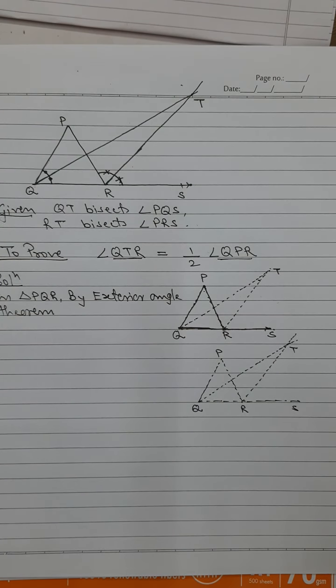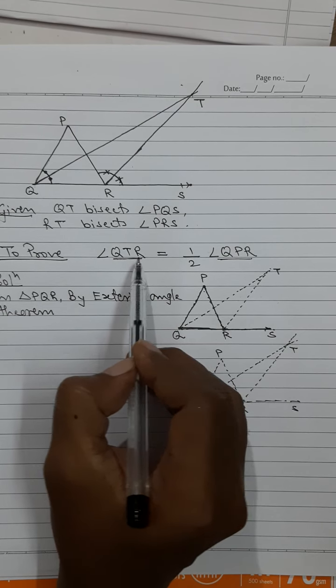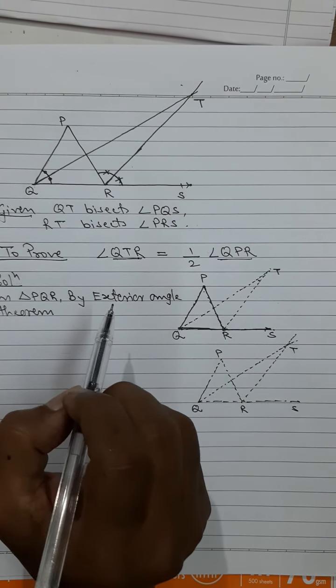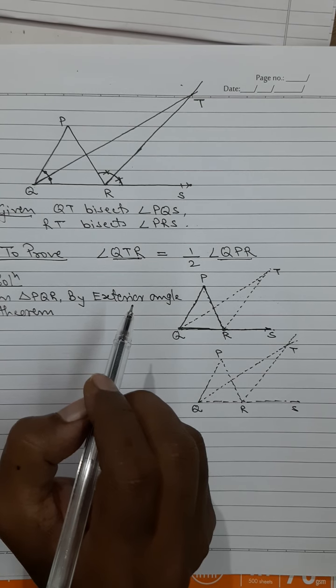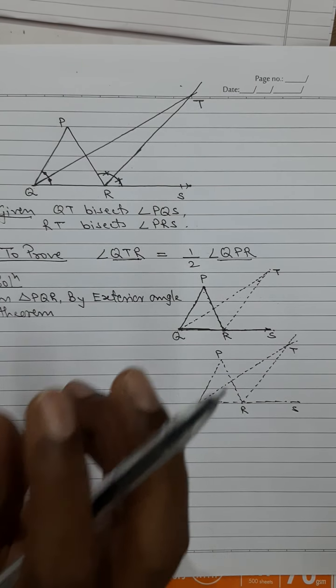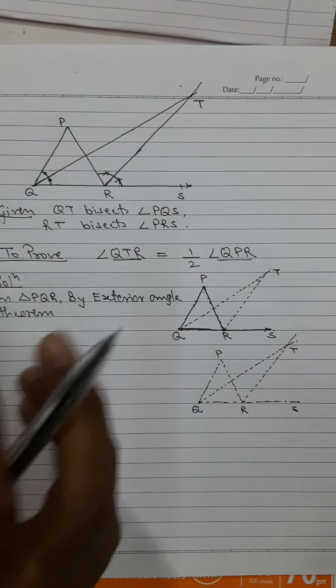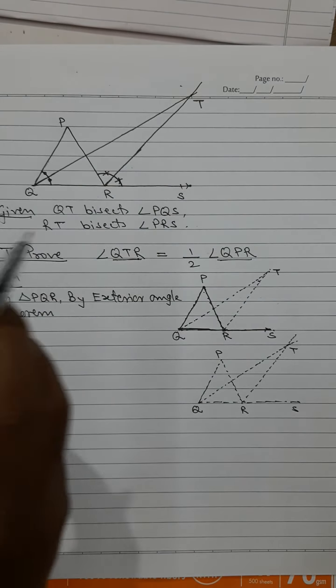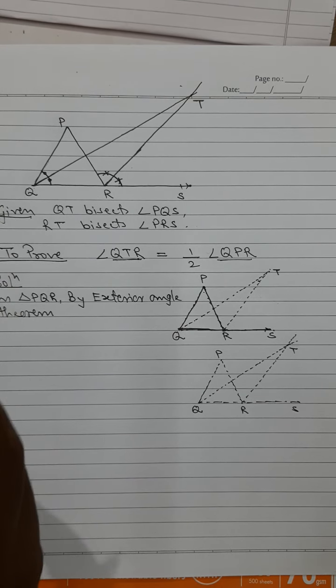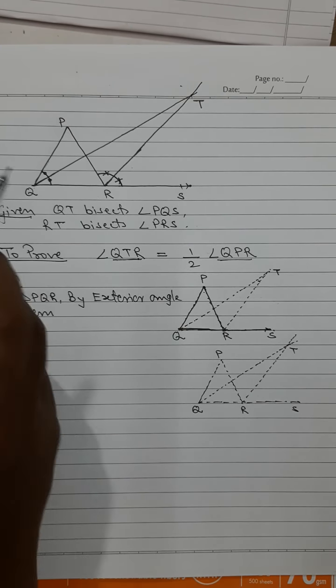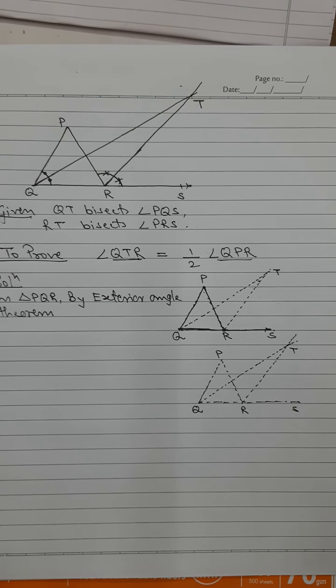Whenever you are going to deal with this type of angles, you should be able to see whether angle QTR is going to fit into any of the properties that you know. Can it fit into angles in linear pair? Can it fit into adjacent angles theorem? Can it fit into some angle property of a triangle? Can it fit into any such type of theorems?